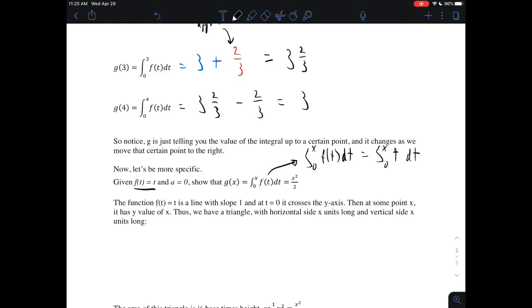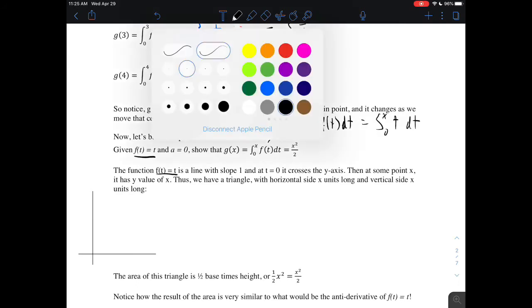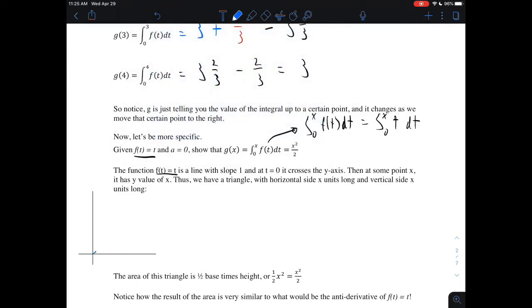The function f of t equal to t is a line with slope 1. And at t equal to 0, it crosses the y-axis. That's the y-intercept of that function. So if we draw a little picture for this, I've just got a line with slope 1.